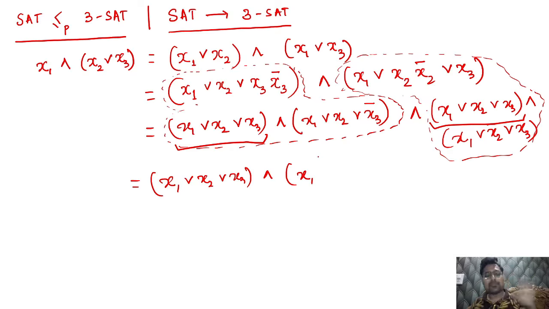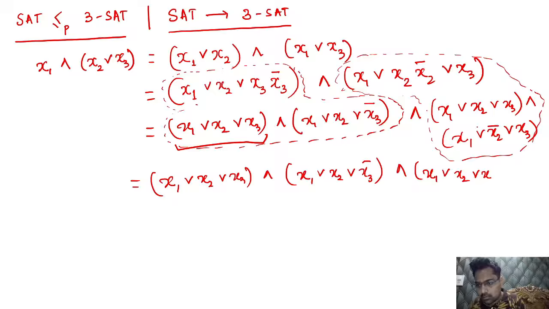Definitely as per the rule it might, but for SAT it is not exactly possible. Here you can check: 3 SAT requires three literals per clause, and here there are four clauses, so we merged them: x2 x3, now x1, x2. Here I think I missed the bar because of this one.